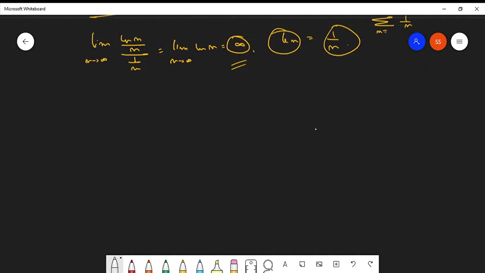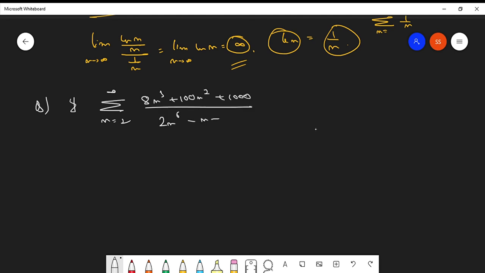Let us check one more example. Let's say you have this series, summation n equals 2 to infinity, of (8n cube plus 100n square plus 1000) over (2n to the power 6 minus n plus 5).